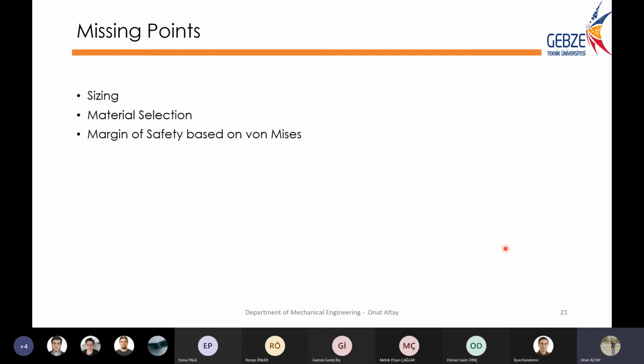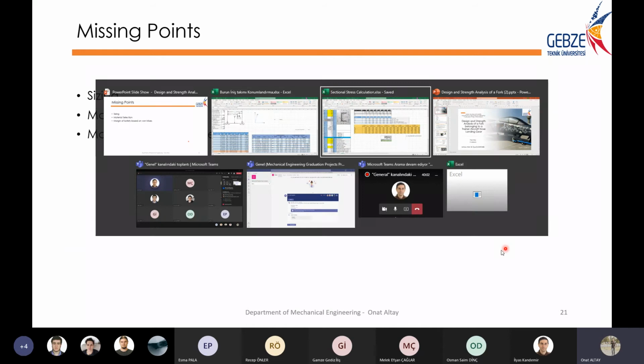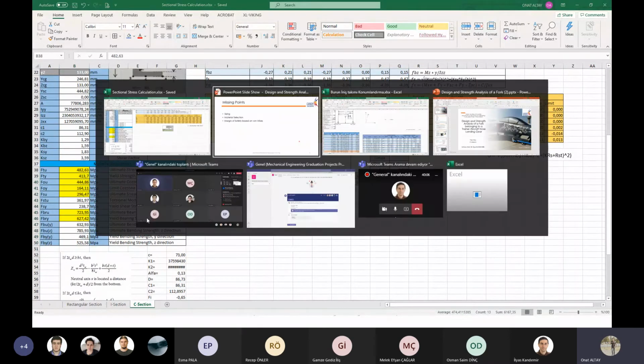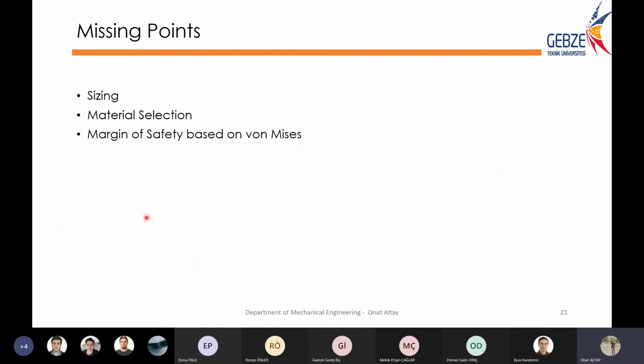And material selection, those numbers in the Excel were given to me by Mr. Taştan. So I have to choose a different material. Then I will calculate margin of safety based on von Mises. So in the short term, I decided to complete these missing points.